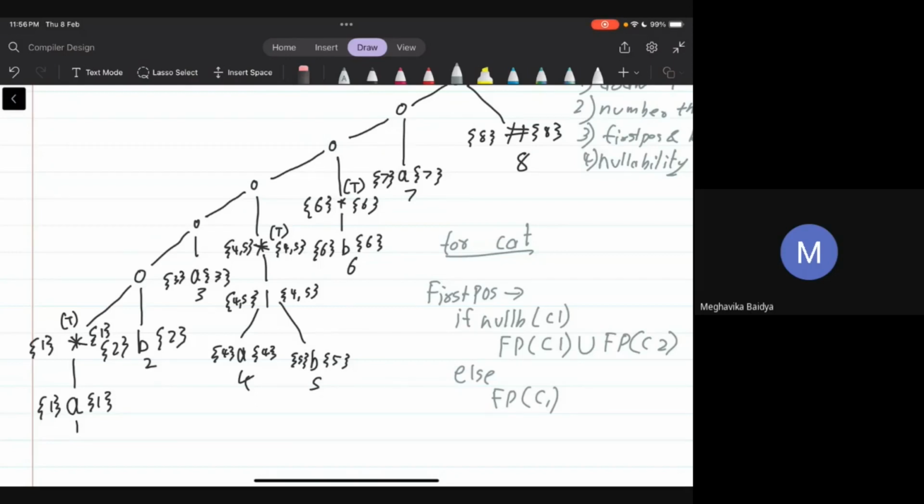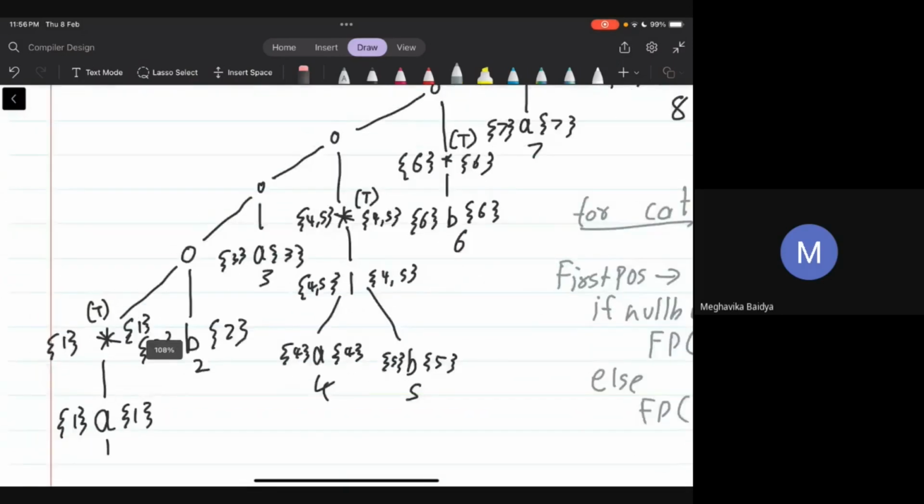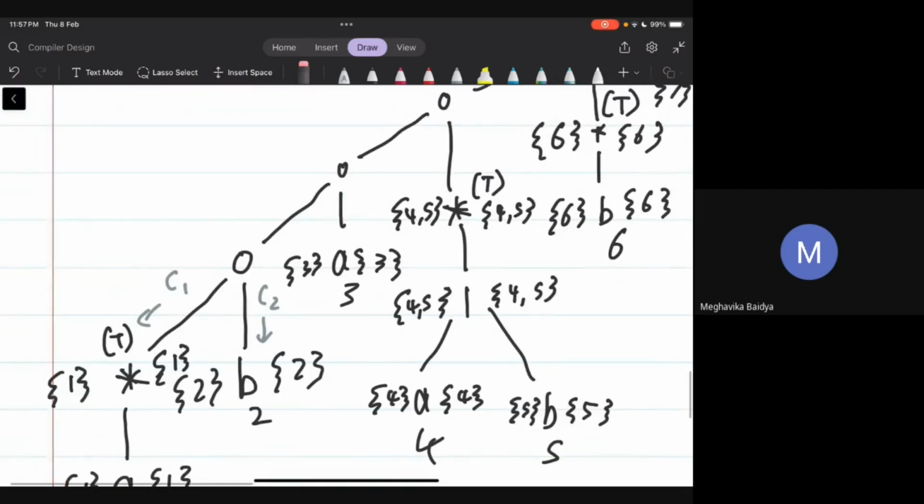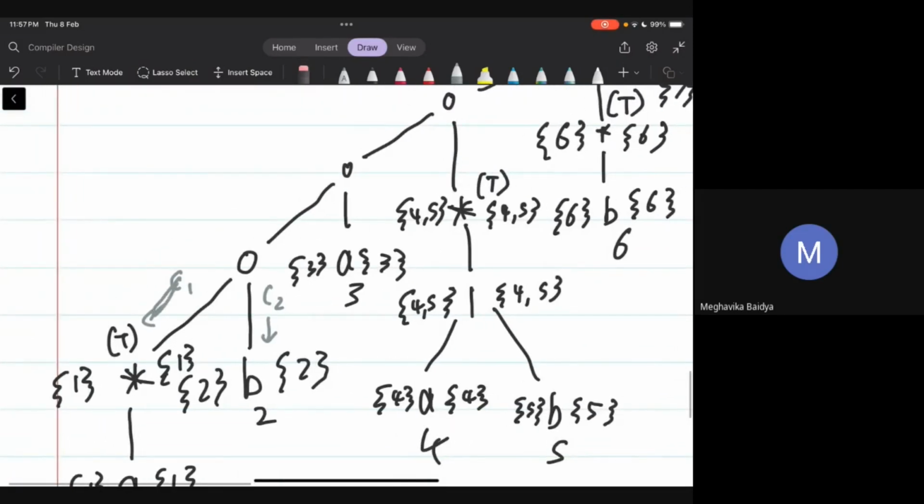First, try to understand this. I'll show you how this works. If you see this, this is your C1, this is your C2. We are doing first pos right now, which is FP.